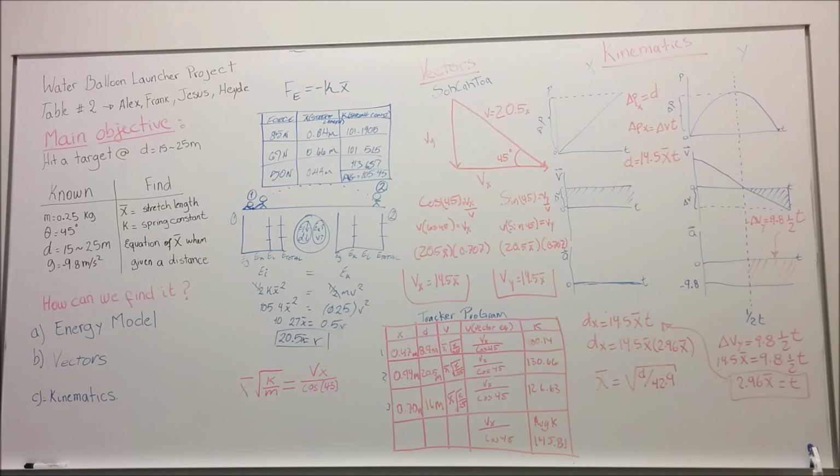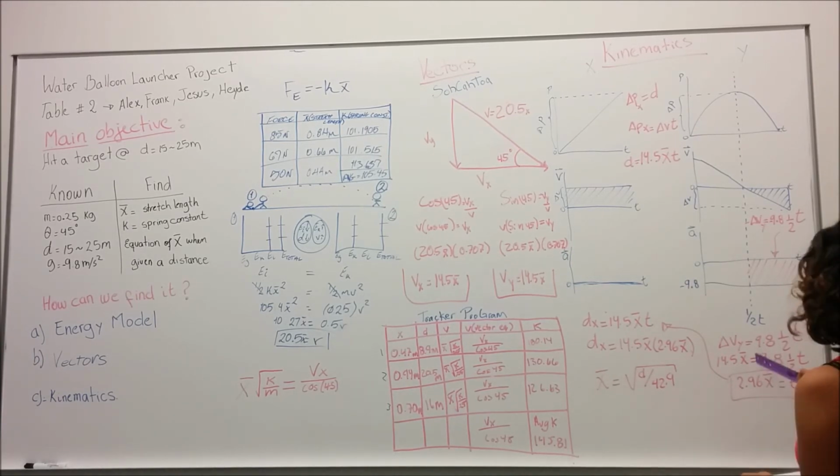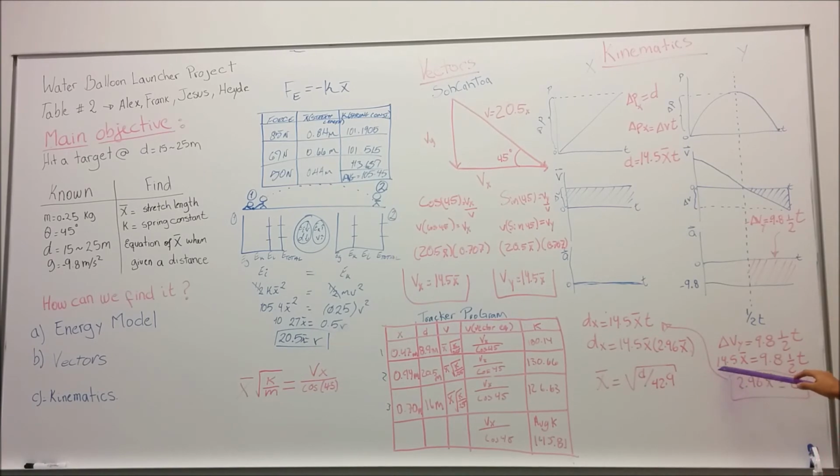So delta Vy equals base times height, 9.8 times 1/2 times time. And we know that delta Vy is also equal to 14.5 times the stretch length, which equals this 9.8 times 1/2 times time. Solving for t, we get 2.96 times the stretch length.